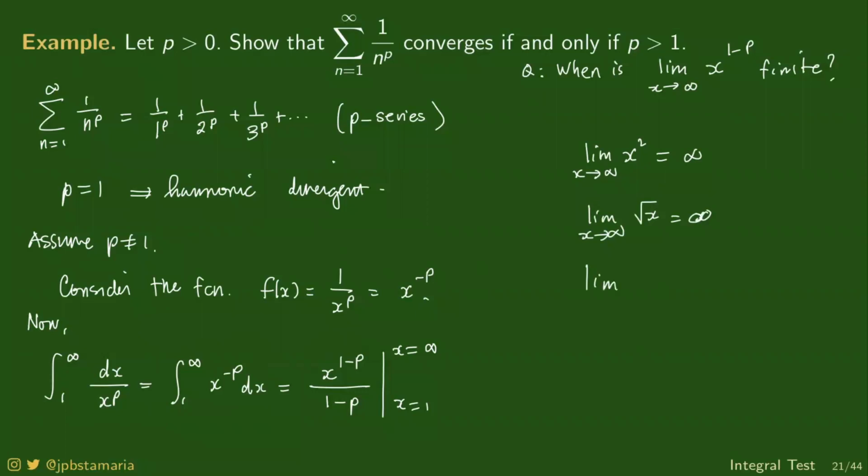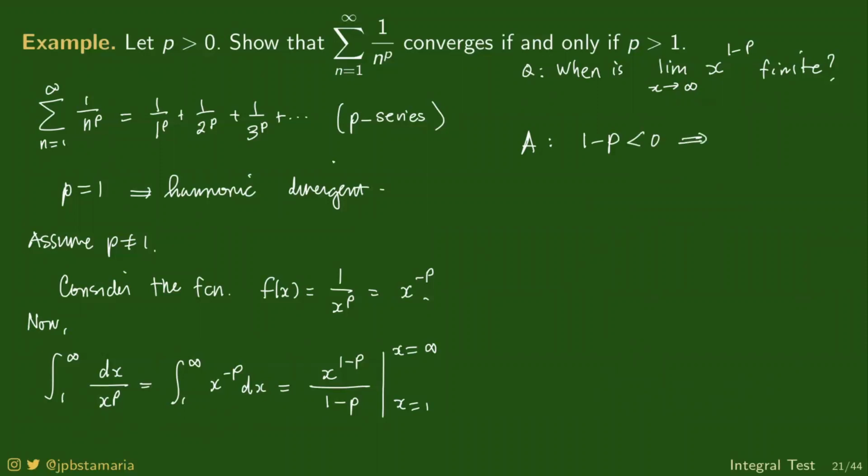But when the exponent is negative, like x raised to negative 2, this time the limit is 0. Likewise, the limit of x raised to negative 1 half is 0, because it's 1 over square root of x and x keeps growing. So, what is the conclusion? When is this limit finite? What should the exponent be? The exponent should be negative.